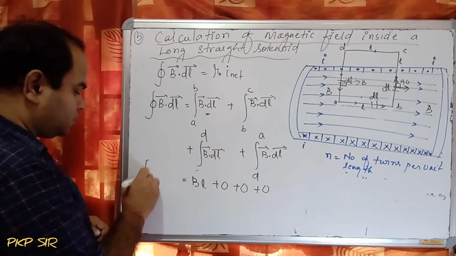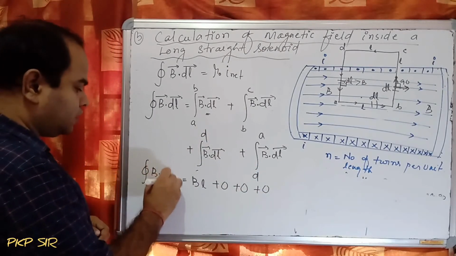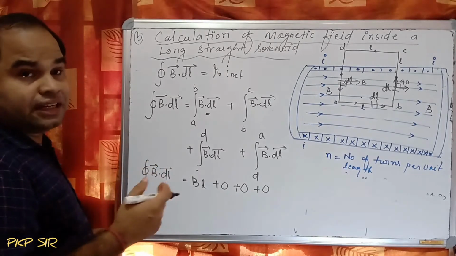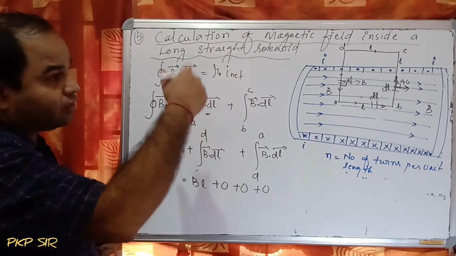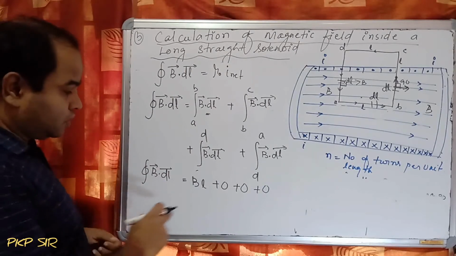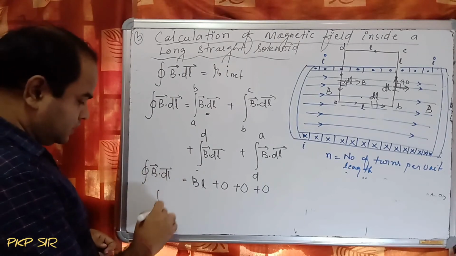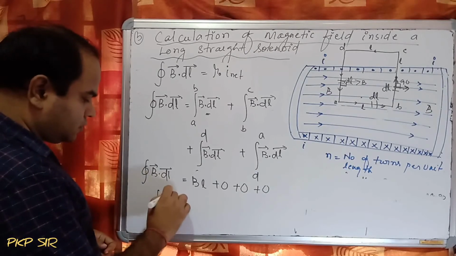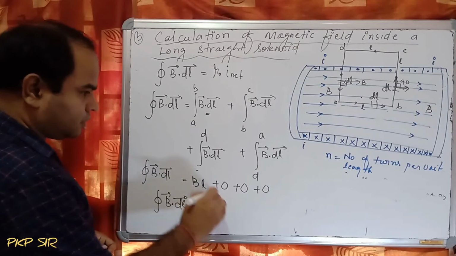So the closed line integral of the magnetic field across the path, which is in the form of a square, is equal to B into L. So that is the closed integral of B dot dl equal to B into L.